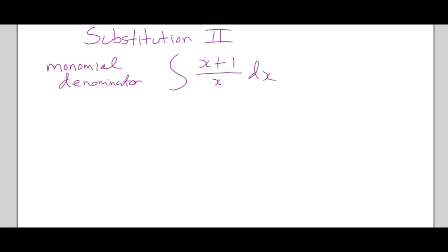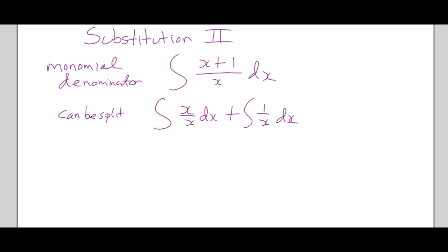Well, that's 3 over 4 plus 7 over 4, right? I mean, normally we'd say it's 11 quarters, but you can split it out. So this can be split. So it's the integral of x over x dx plus the integral of 1 over x dx.